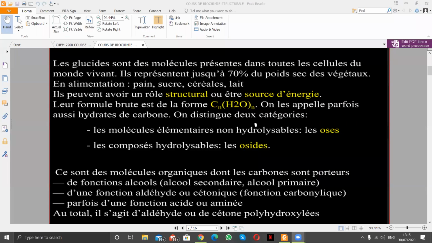Exo is something which is produced outside. Endogenic, they are produced metabolically. Exogenic, they are produced through the intake of certain food substances. I can give you an example of rice, bread, all those, and so on.